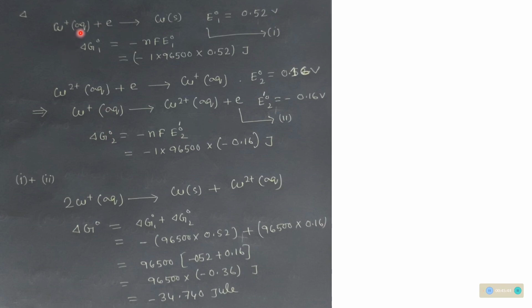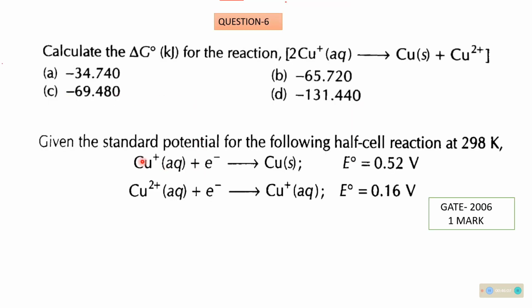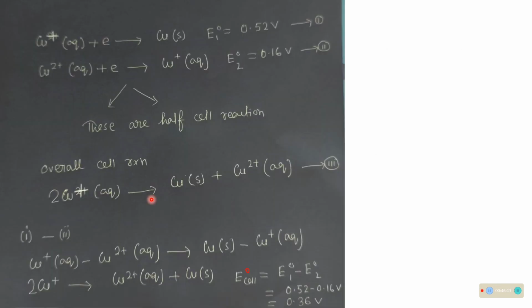For the first half cell reaction, E01 is given, and if we want to calculate del G01 for this half cell reaction, it is minus nFE0, and it becomes this value.